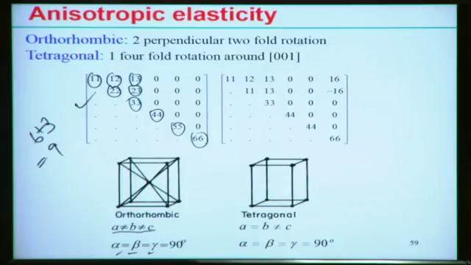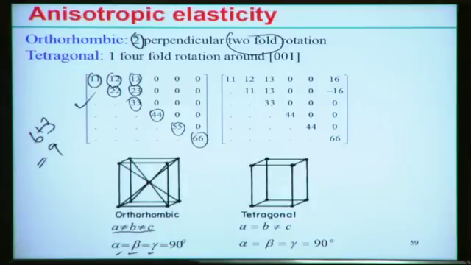With this structure we can find the 2 perpendicular 2-fold rotations, and with this symmetric nature we find that a total of 9 constant terms exist in the compliances or stiffness matrix for the analysis of the orthorhombic crystal structure.